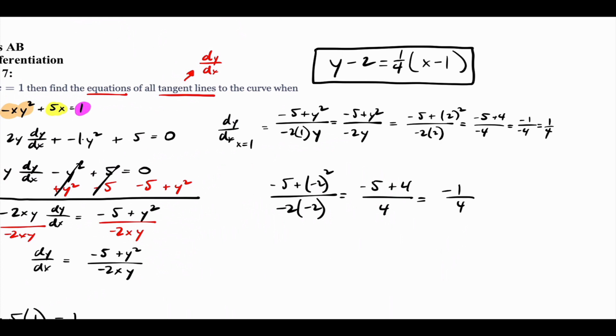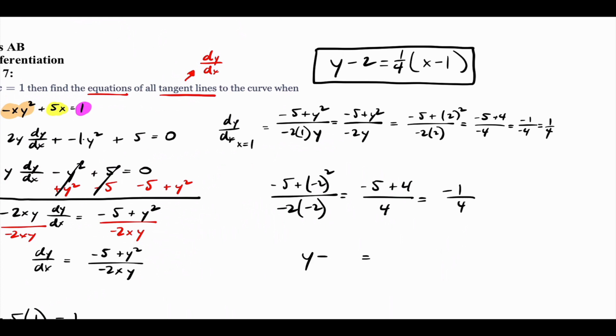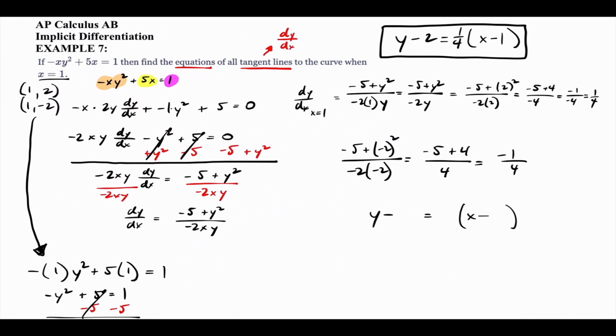Negative 1 over 4. So the slope for this guy is negative 1/4. It's going to have the same x value, but instead it's going to have a negative 2.